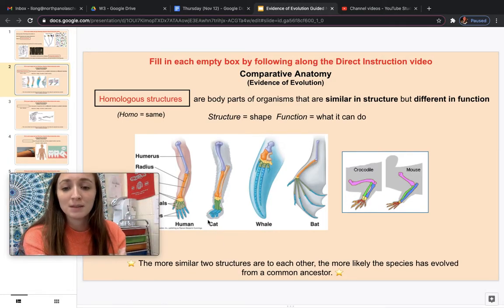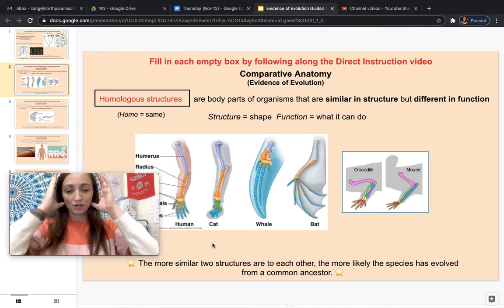The more similar two structures are, so in this case like the bones, the more likely that these two species have a common ancestor. So they are very closely related. The more different the structures look, the more distantly related those two species are going to be. So if you have two species with homologous structures, they are going to be closely related. They come from a common ancestor.